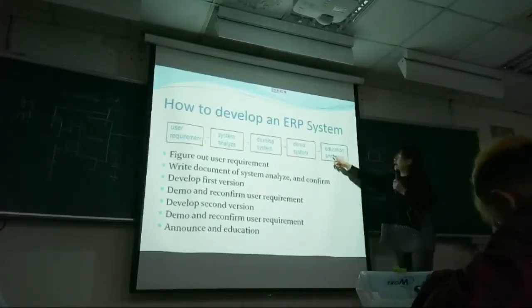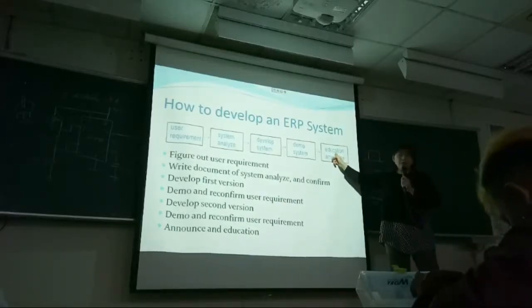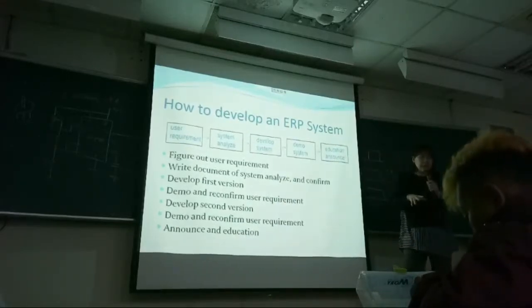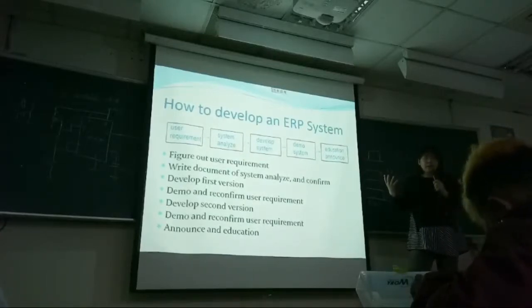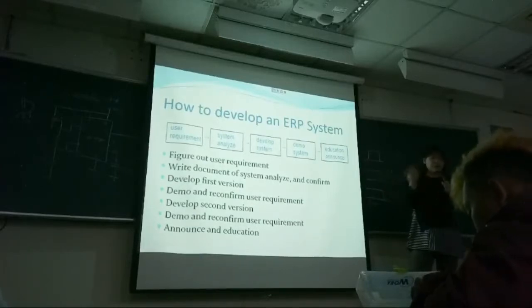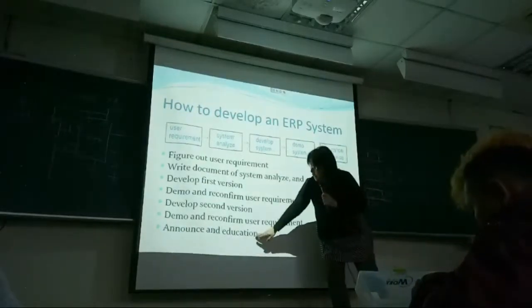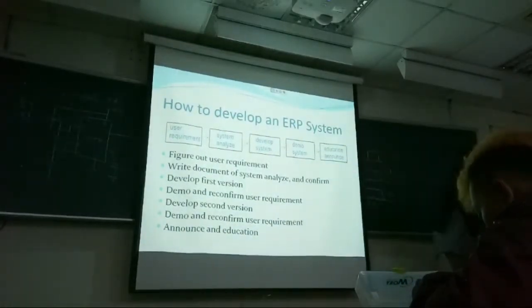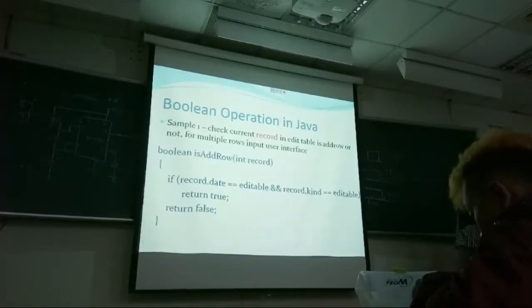Then you can announce this version and educate the employees. You can have an education class, just like today's class. Announce and educate. Now the function is running in the company. Okay.